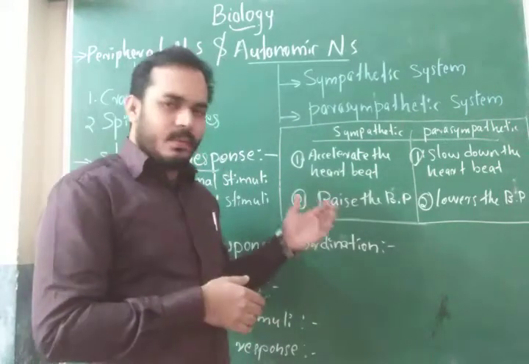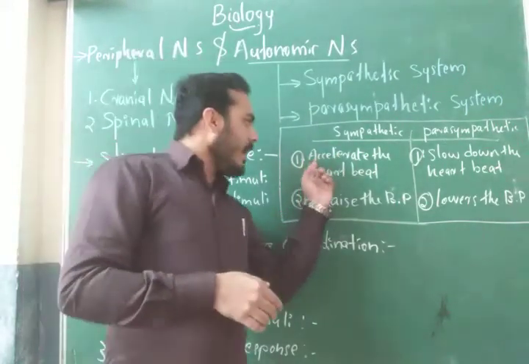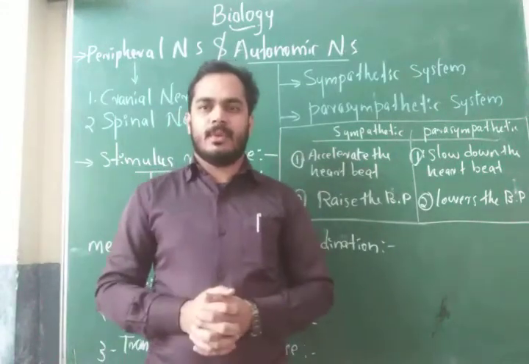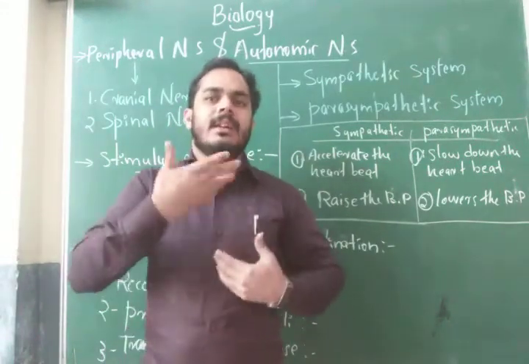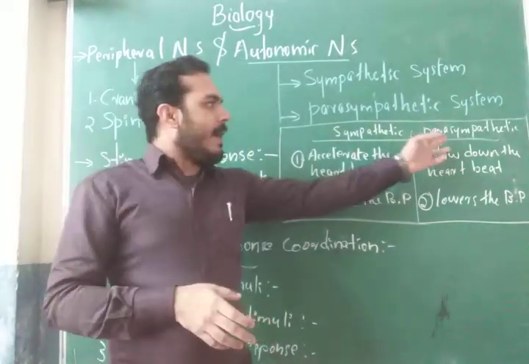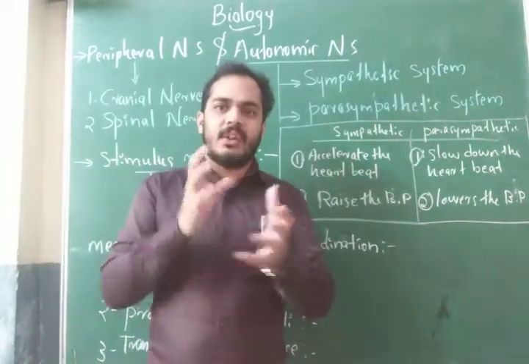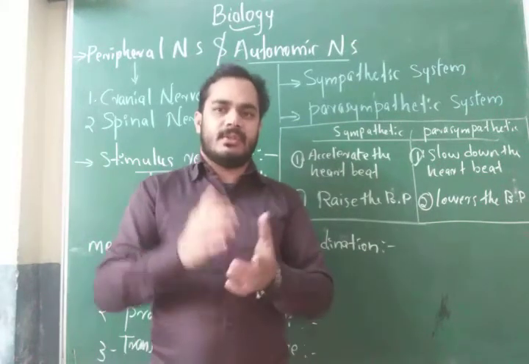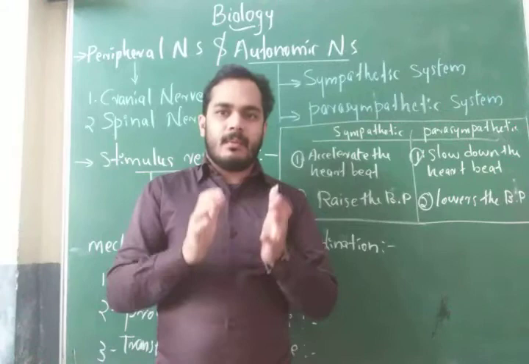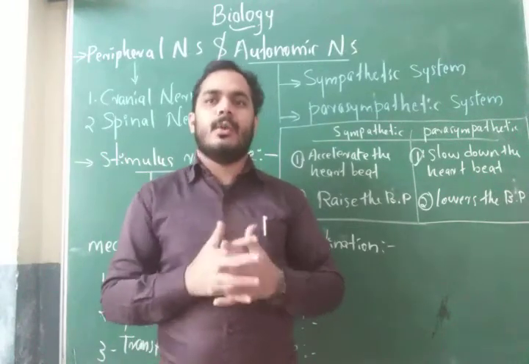I will explain one point here. Accelerating the heartbeat: in some particular situation, what happens? The heartbeat suddenly increases. So the parasympathetic system controls the heartbeat and slows it down. It is one peculiar action in the human body.